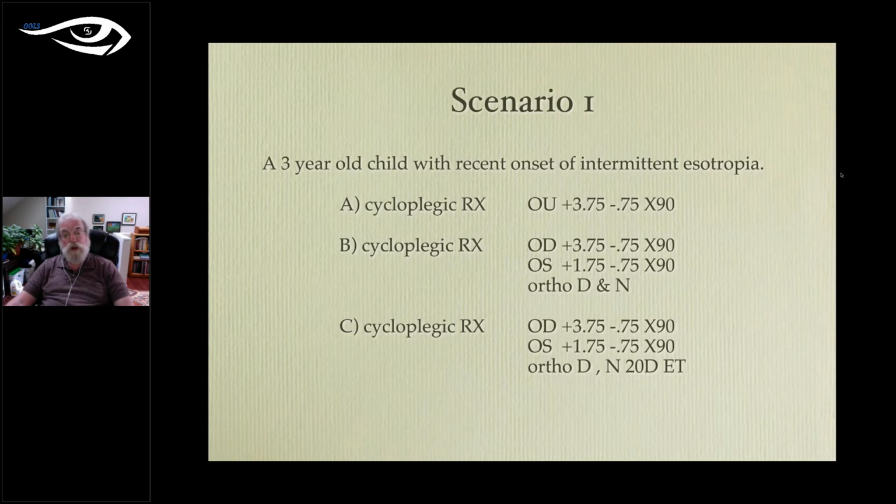Here are three different scenarios that I'm going to give you, and we'll discuss them together. In the first one, the refractive error is the same in both eyes. You've got a moderate degree of hyperopia, minimal astigmatism, and the refraction is pretty much the same in both eyes.